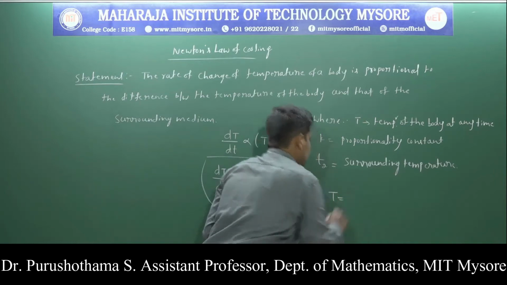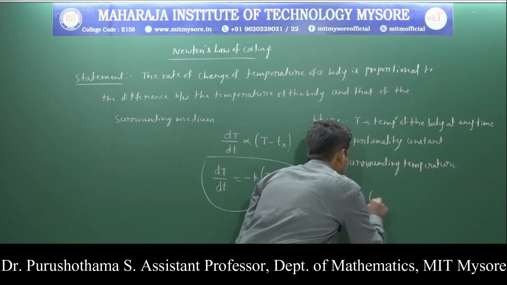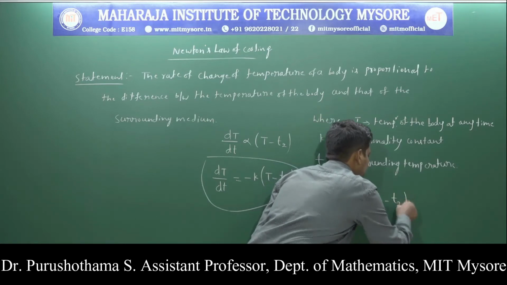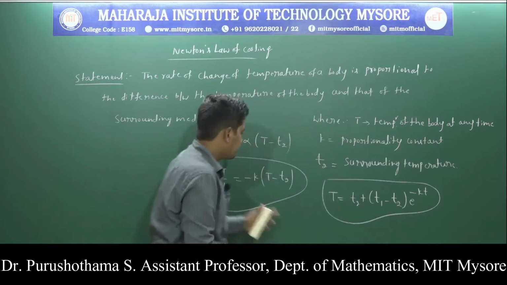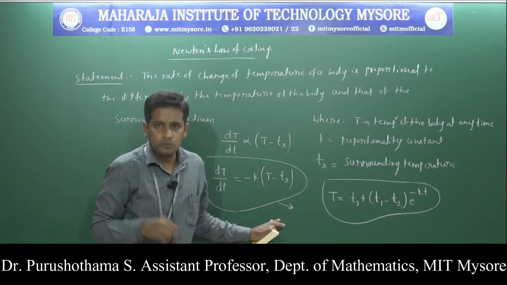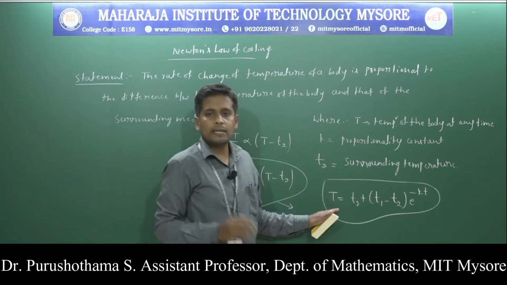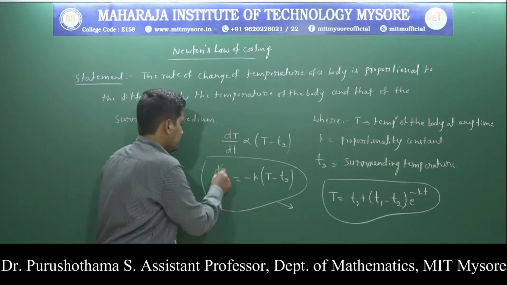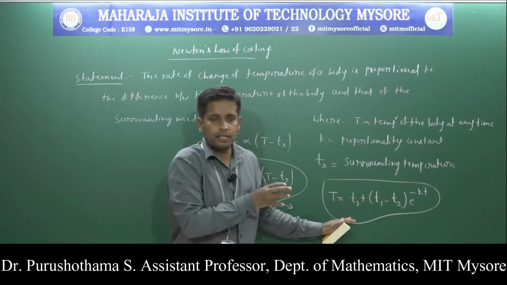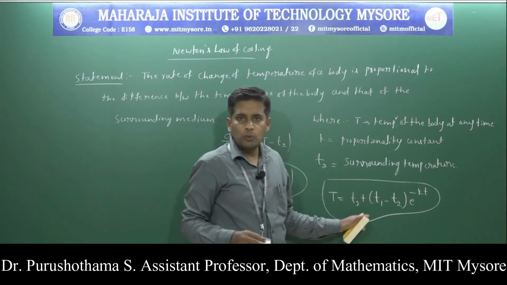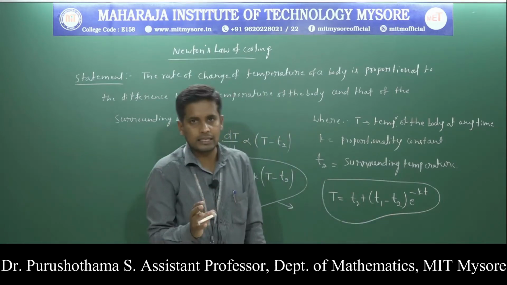Therefore, the temperature function is T equals T2 plus (T1 minus T2) times e power minus kt.